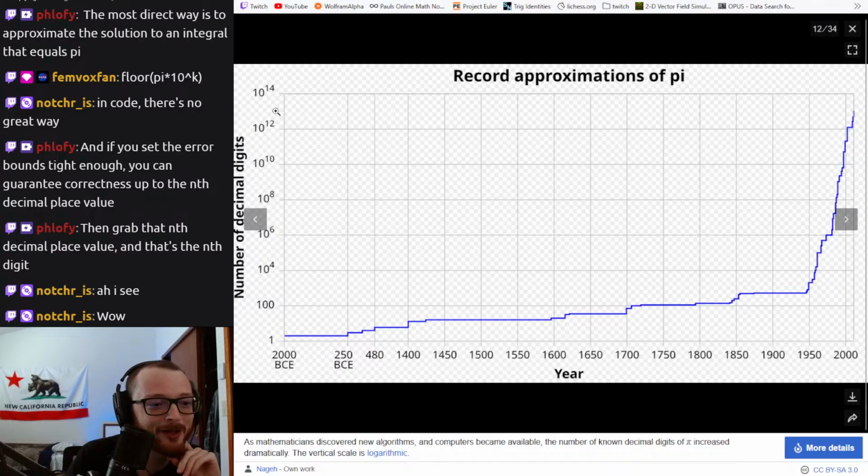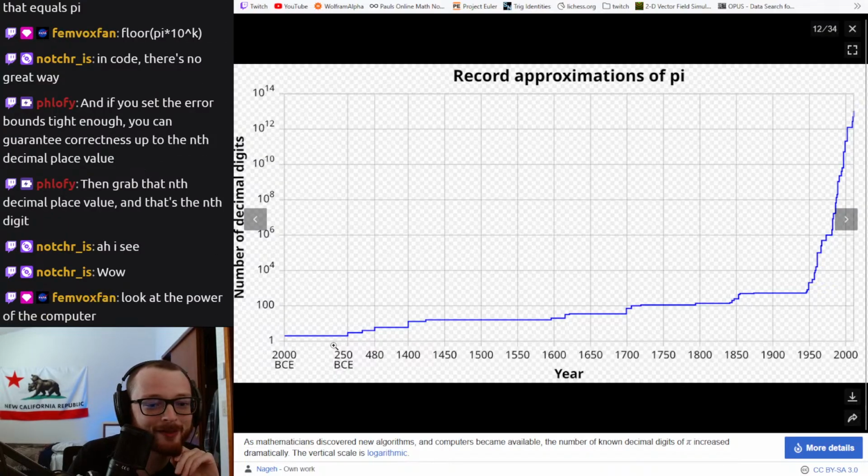And this is a logarithmic scale here too, so this growth is really fast. Or over here it's really fast anyway. That's cool.